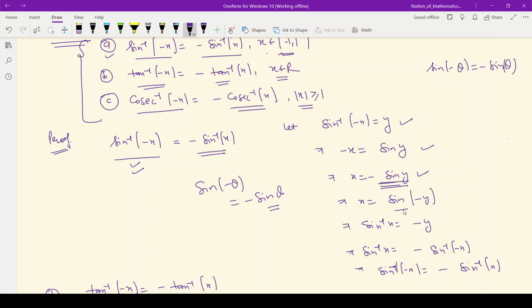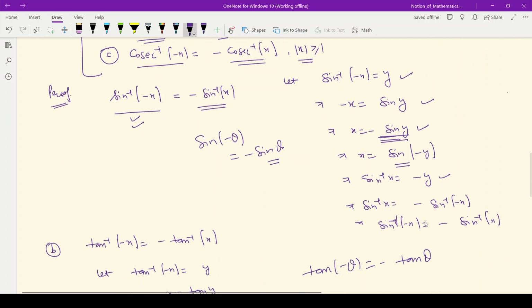Minus of sine y is sine of minus y, or we may write sine inverse of x is minus y. And by putting the value of y from the consideration, it will be like sine inverse x is minus sine inverse of minus x, or we can write sine inverse of minus x is minus sine inverse of x. So that is the proof of our first property.